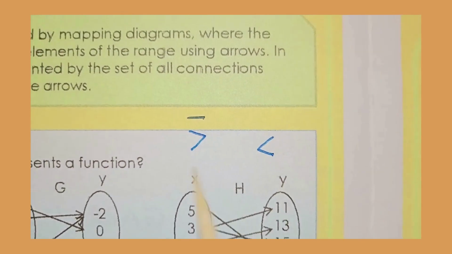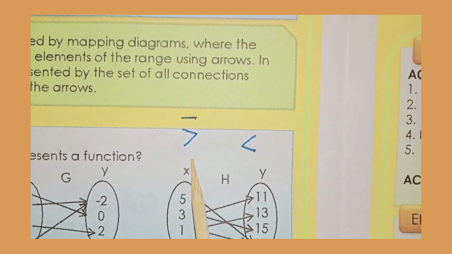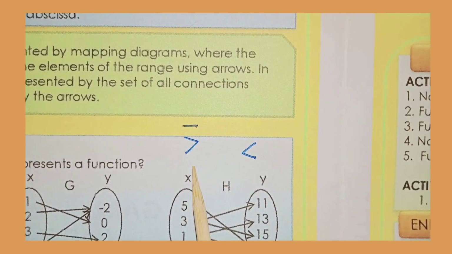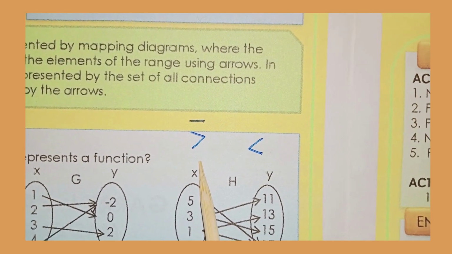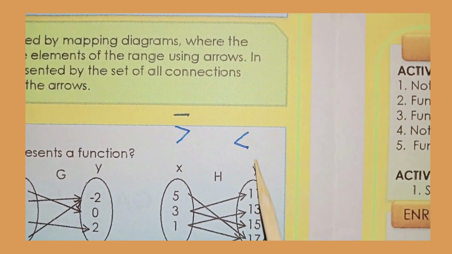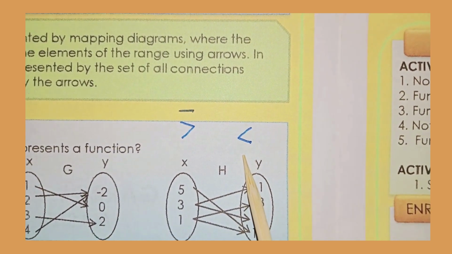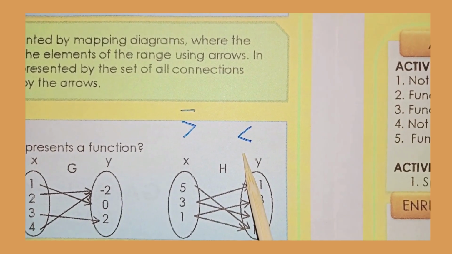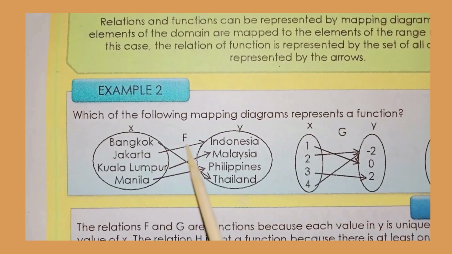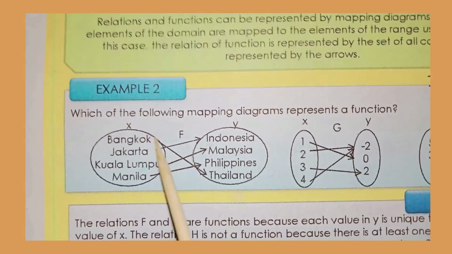Ito, nilagay ko dito. Kung makikita nyo yung unang to, pag nakakita kayo ng ganyang symbols, ang tawag dyan ay function. Kapag naman nakakita kayo ng ganitong symbol, ang tawag dyan ay not function. Tingnan natin. So, in this case, kung makikita nyo, lahat yan ay straight line lamang.